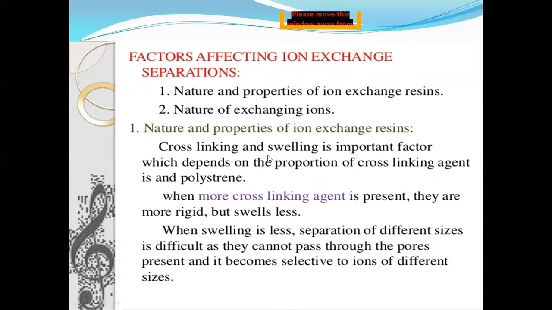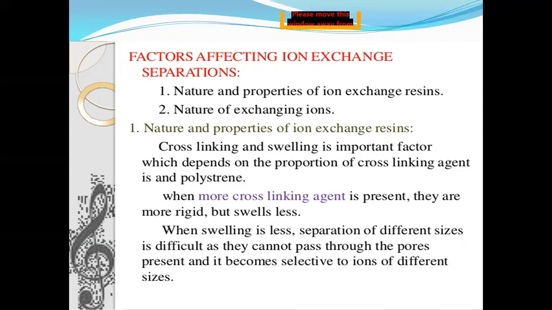The cross linking and swelling is a very important factor. In the previous slide we discussed the nature of the ion exchanger. If we select a porous or pellicular ion exchange resin, that material has more ion exchange capacity or efficiency.